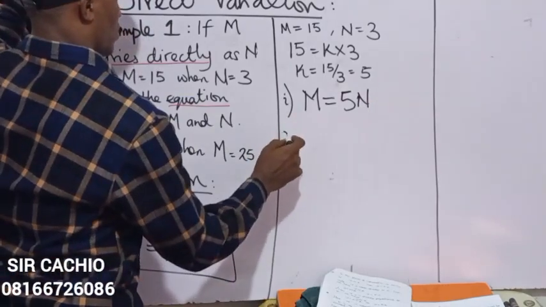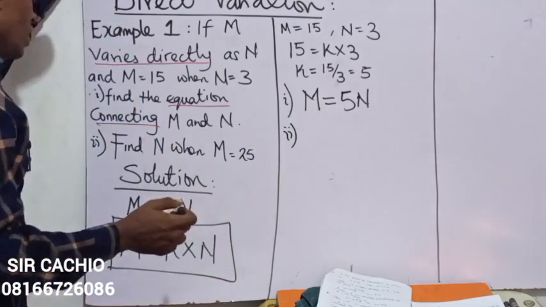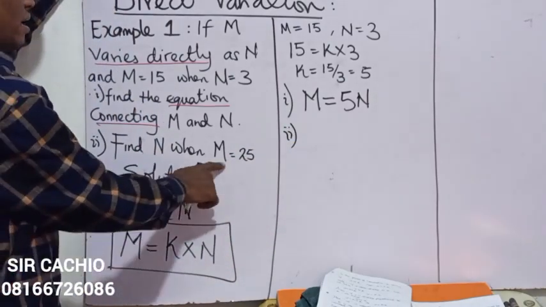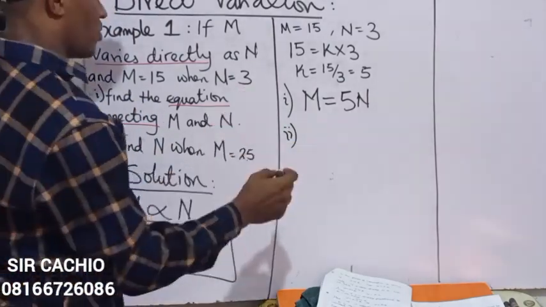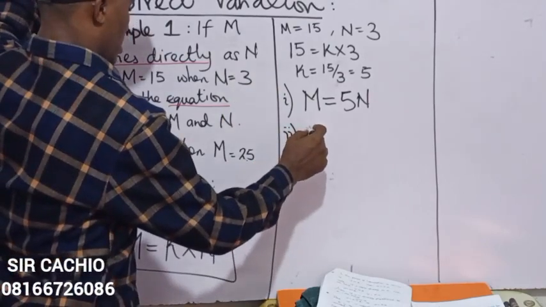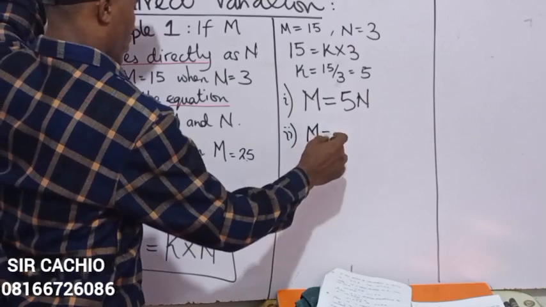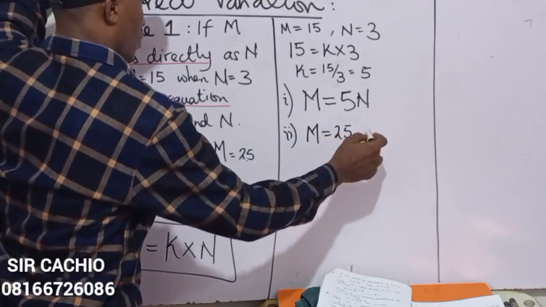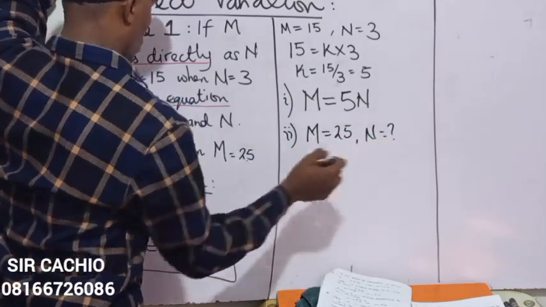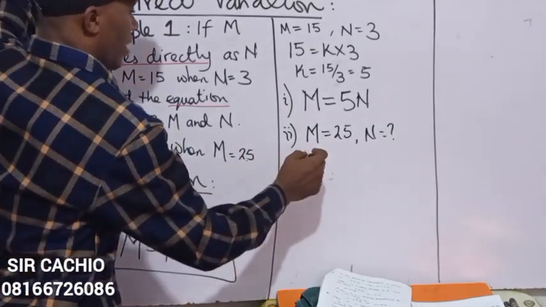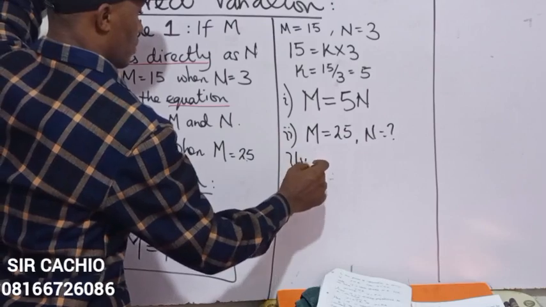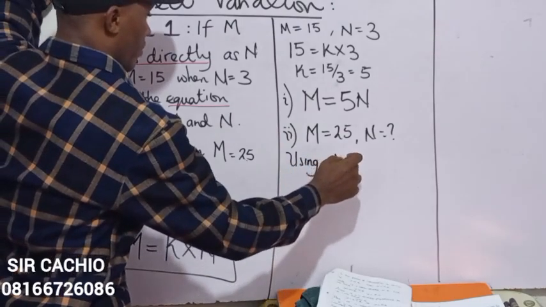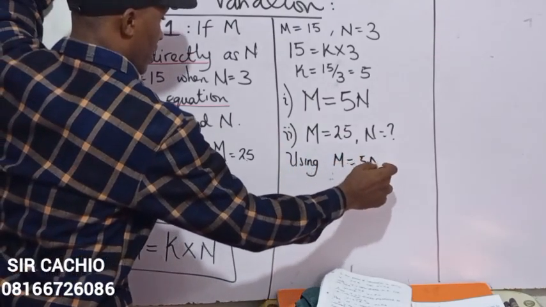We go for the second question. Question II: find the value of n when m is 25. This is simple. Bring back your equation, m equals 5n.